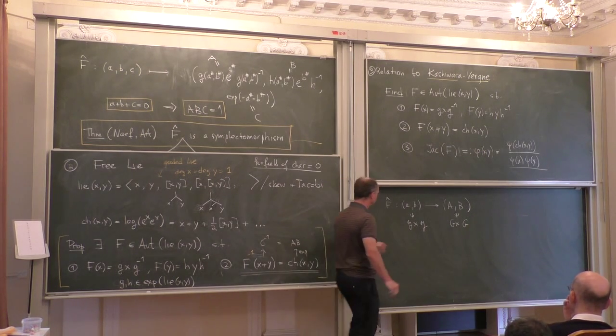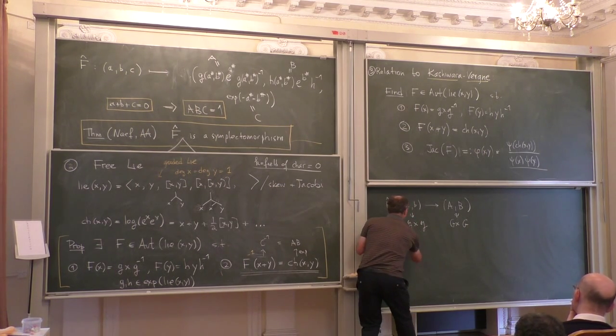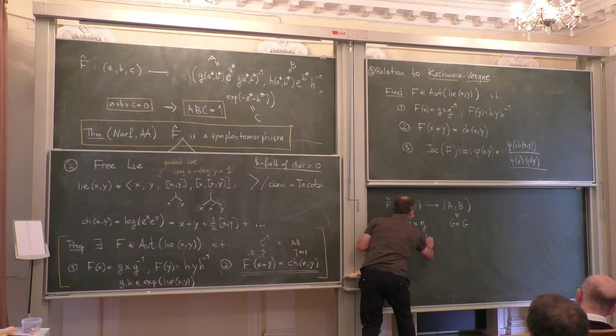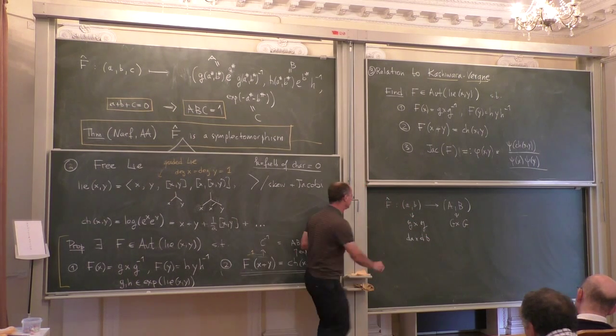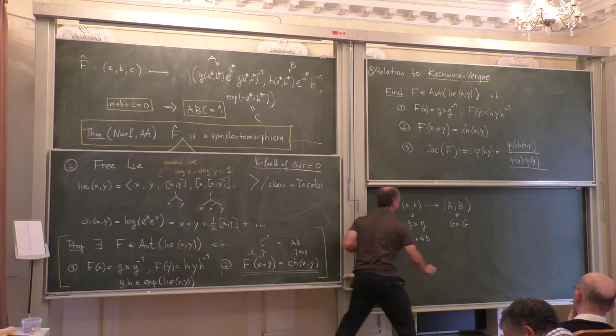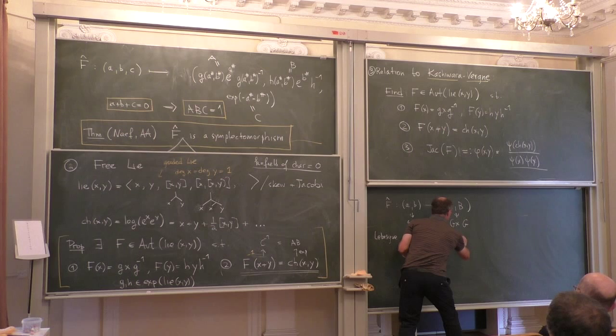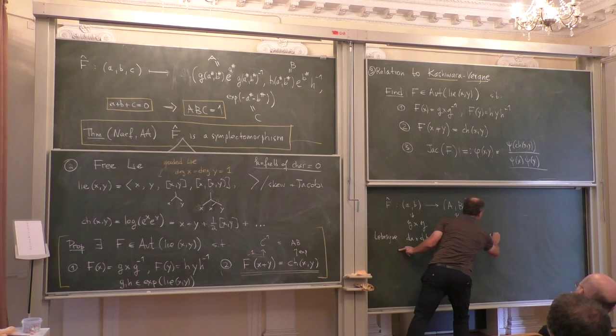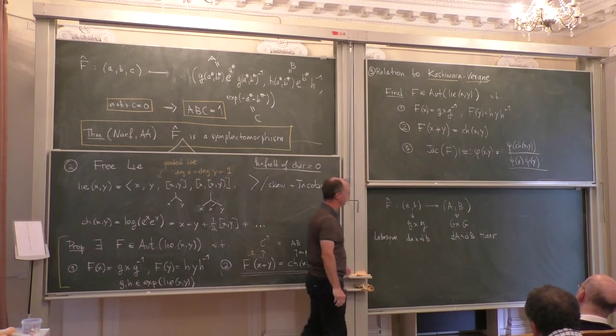Now let's equip this product of two copies of the Lie algebra with the Lebesgue product measure. And now let's equip this guy with the product of Haar measures.